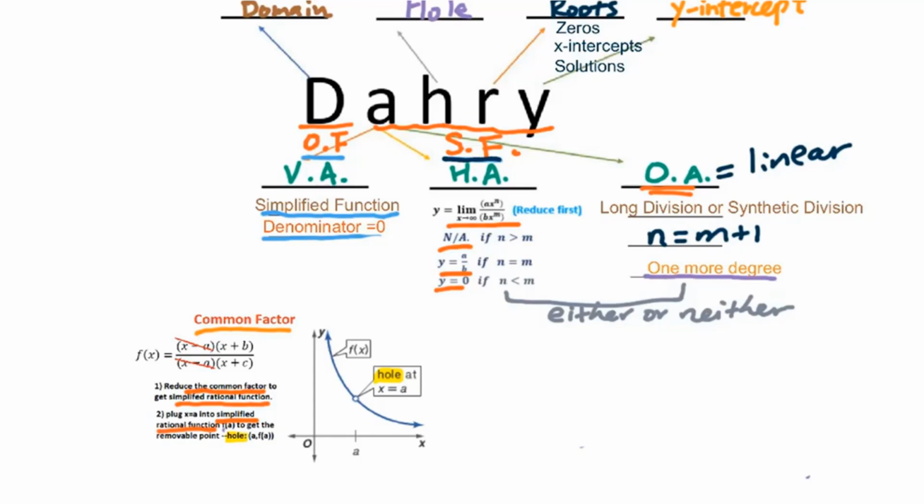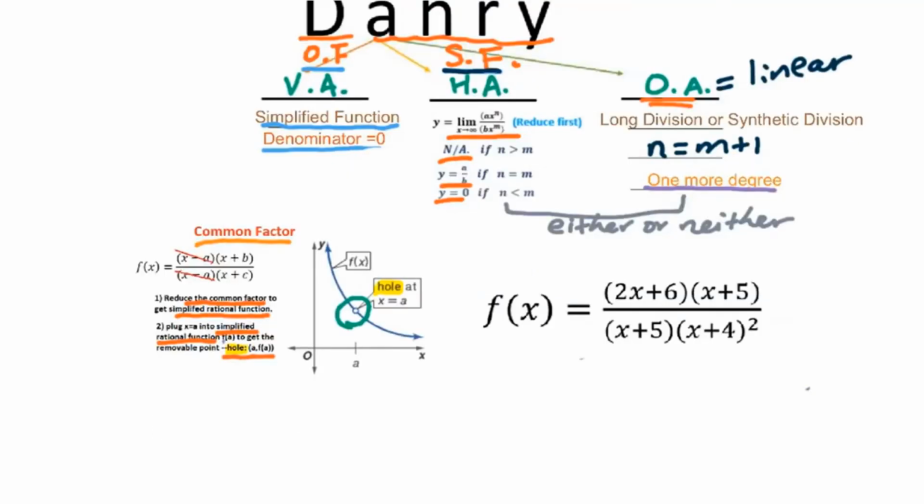Then when you sketch the graph, you will make an open circle on the graph of the rational function like this. For example, we have the common factor x plus 5 reduced. You will get a simplified rational function like this.